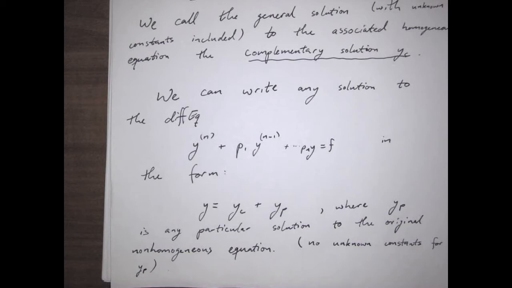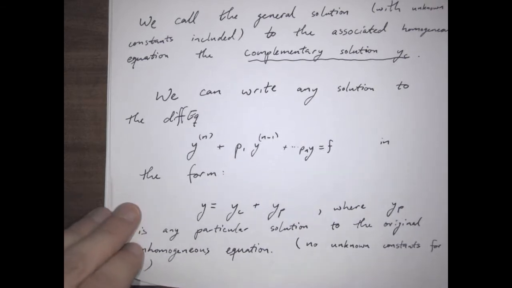And then our goal is going to be to figure out what the unknown constants have to be in yc to match any given collection of initial conditions.